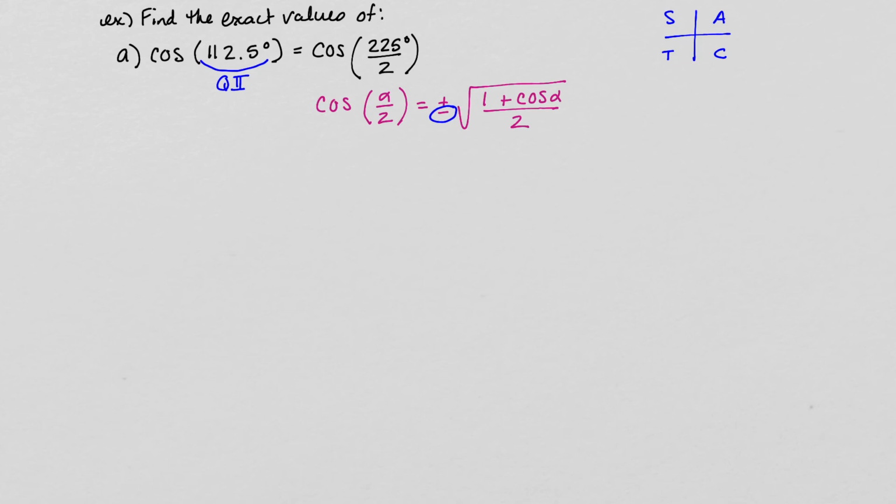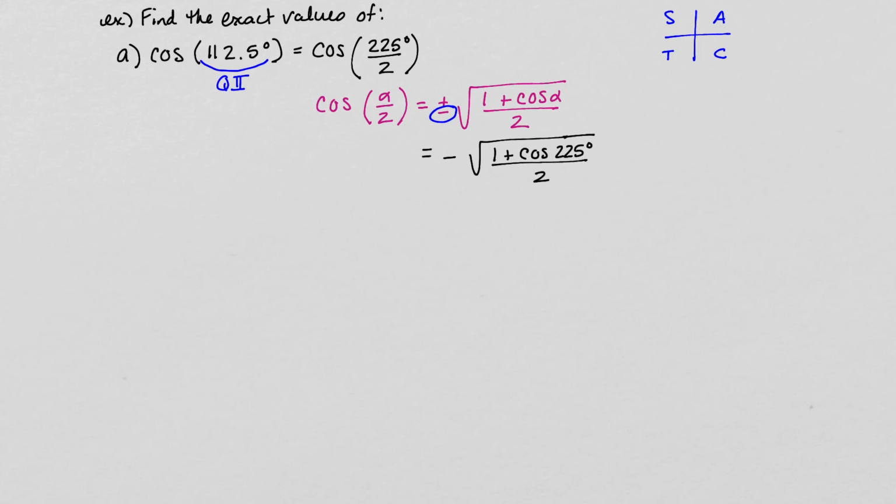So this is going to be equal to negative the square root. My alpha in this case is 225. So negative the square root of 1 plus the cosine of 225 degrees, all over 2.